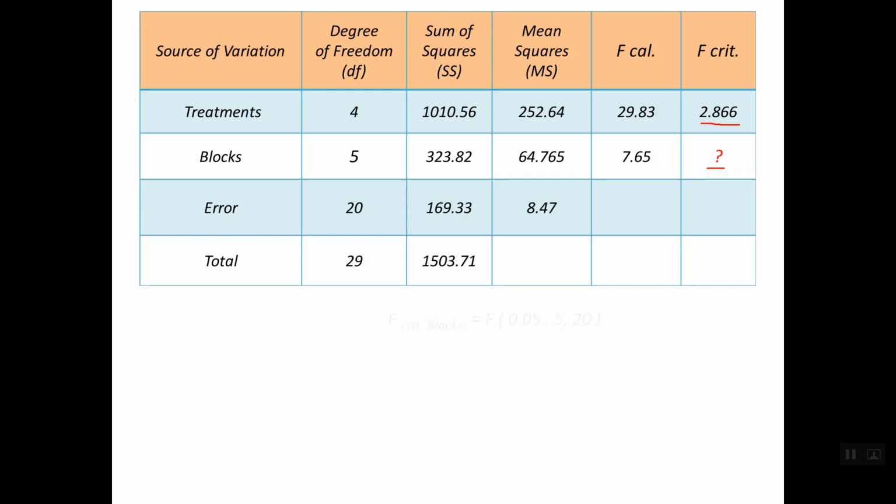The same technique. What is needed is to find the F critical for the blocks at a probability of 0.05, first degree of freedom 5 and second degree of freedom 20. The probability is the same as the value of the significance level alpha, which is equal to 0.05.